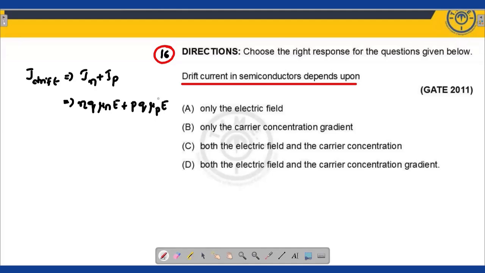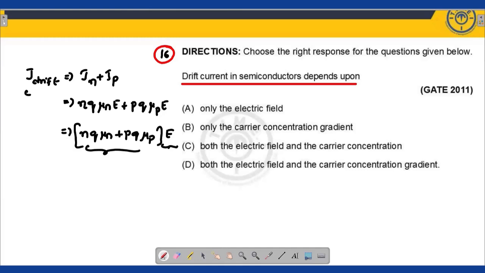So, if I am writing here, the drift current in a semiconductor depends upon ultimately, see here, n q mu n, take E outside, plus p q into mu p into E. This is concentration and this is electric field.